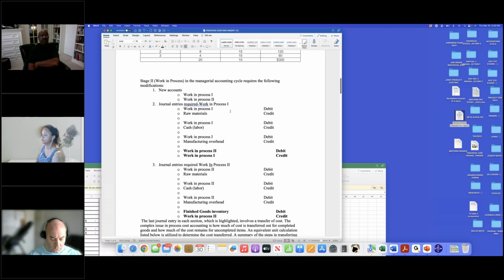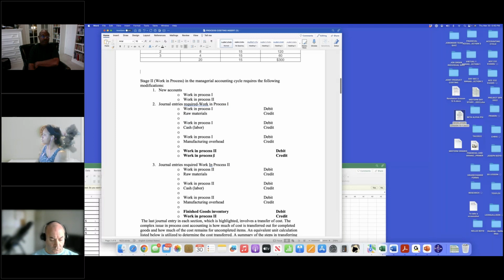Then in stage 2, we transfer raw materials, labor, and overhead into work in process. Then we have a special approach to determine how much goes from work in process 1 to work in process 2 if everything is not completed.